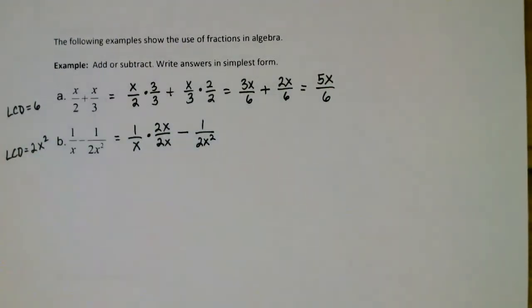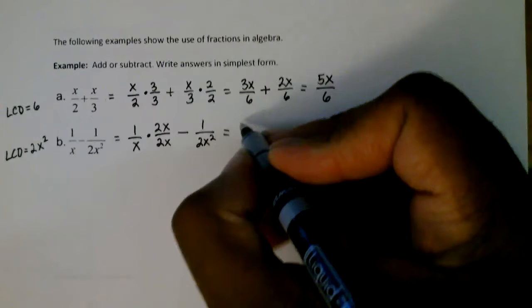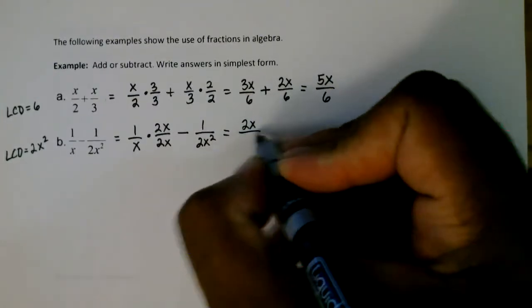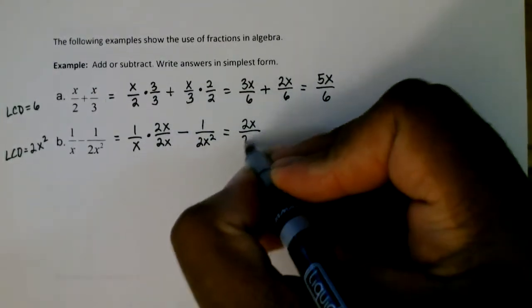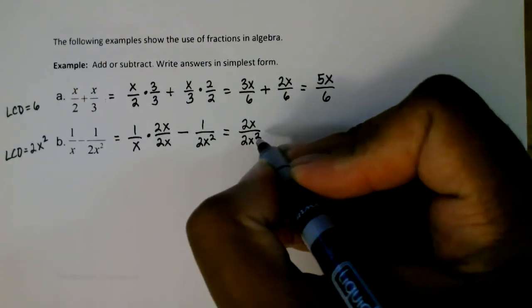Well, I've already got the LCD of 2x squared, so I won't need to multiply the numerator or the denominator by anything. So here, 1 times 2x will be 2x over x squared times 2x will be 2x squared.